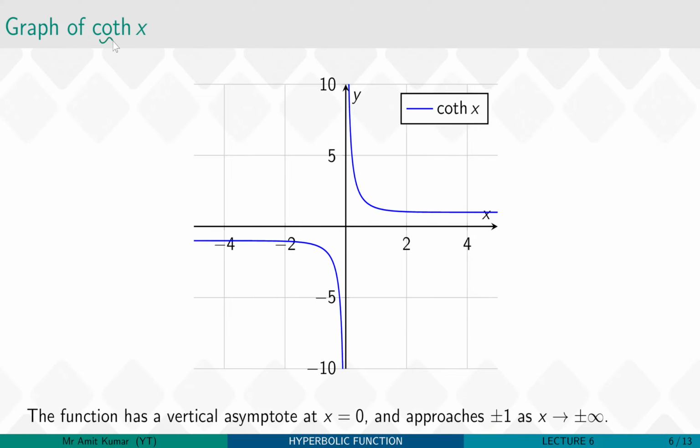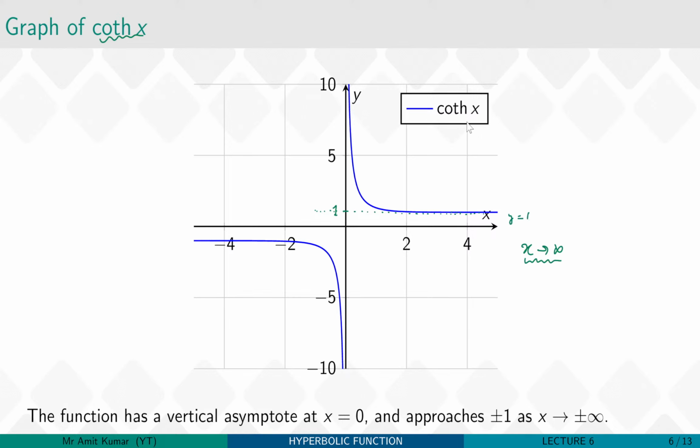Here is the graph of coth x. When x tends to infinity, when we take x as a large quantity approaching infinity, then coth x approaches 1. The graph is above this line. This line is y is equal to 1.